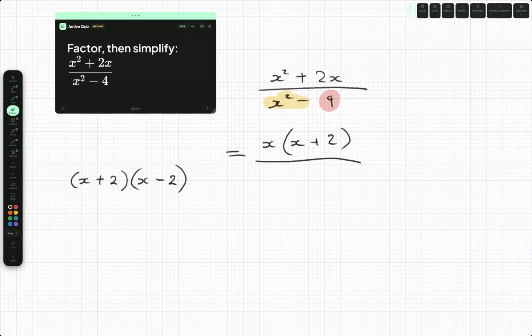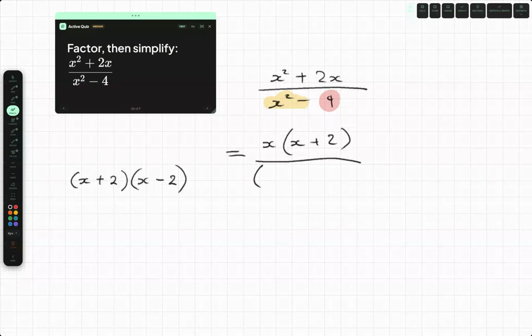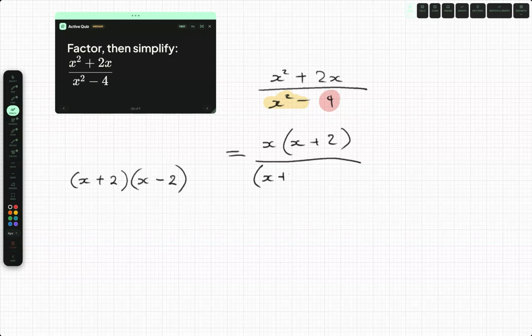So when we're looking out for these types of simplifications, we're definitely going to look at difference of squares as very important in identifying a way to factor and ultimately break something down so that we can look for a common factor to cancel.